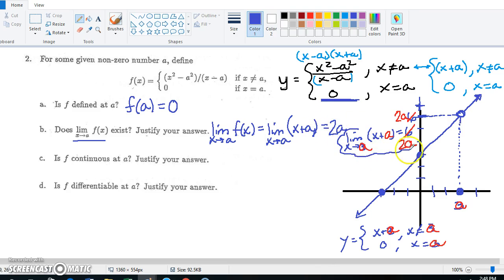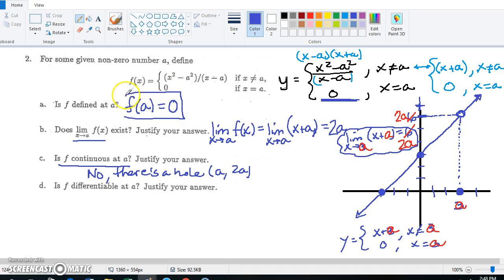Oh, it's kind of like what we wrote over here, huh? All right, good. Is f continuous at a? Well, no. There's a hole at a, 2a. And we're going to say, look, the function value was 0. The limit value was 2a. And these two things are not equal.